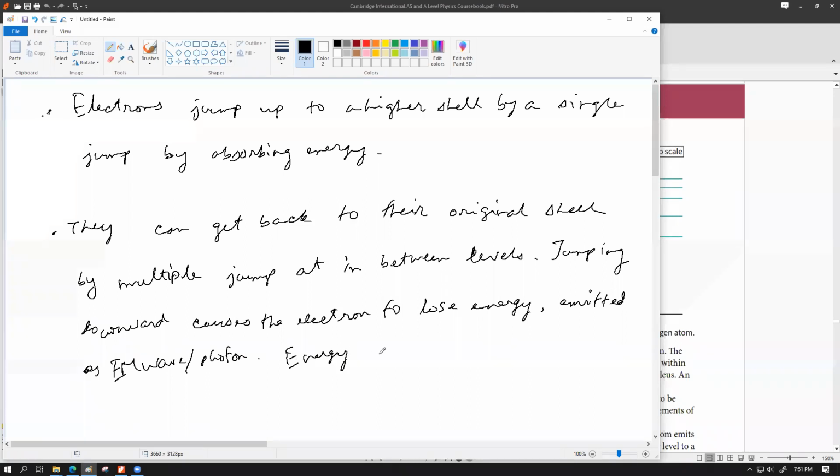Energy of this photon equals E high minus E low.